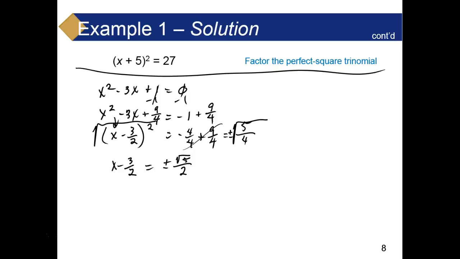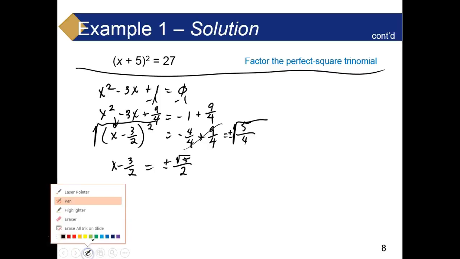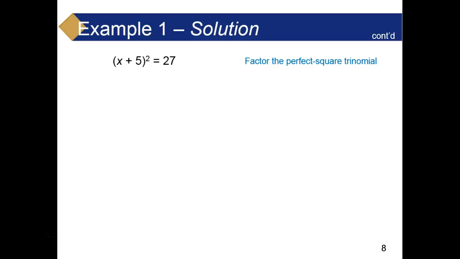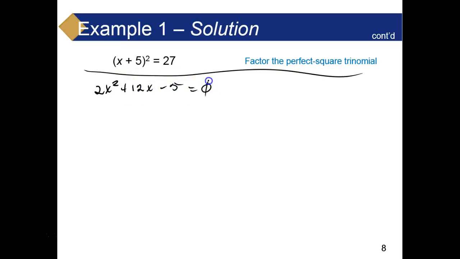All right. I've been saying as long as that coefficient of the squared term is 1, these are pretty easy. And they're all easy. These are easy too. But you just got to do another step. Here's one. 2x squared plus 12x minus 5 equals 0. What would you do first?